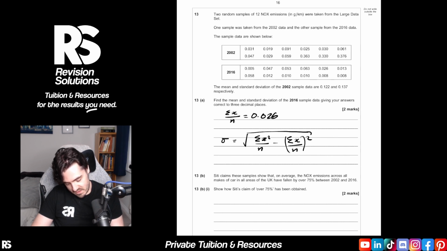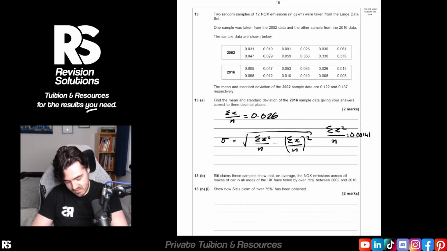So first, if I use my calculator to calculate the mean of the squared data, the sum of x squared over n, that gives me 0.00141. And then we're going to take away 0.026 squared from that, which gives me 4.65 times 10 to the minus 4.